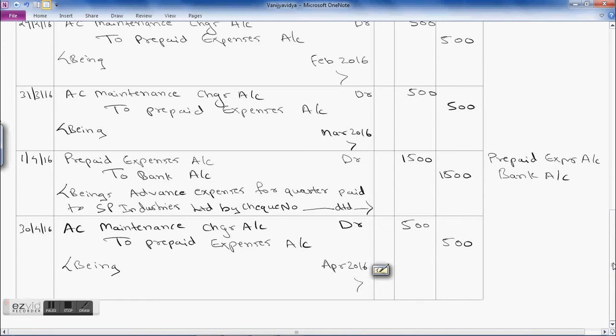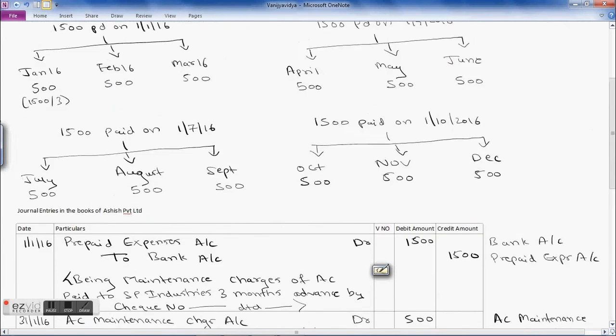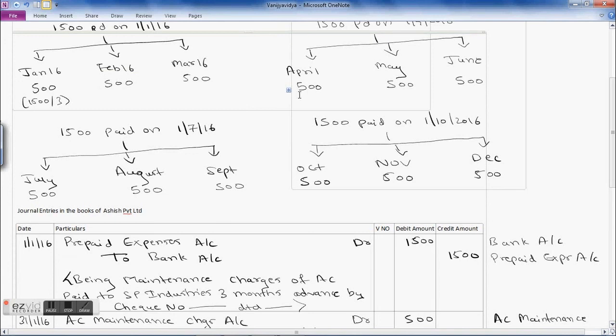Okay, now what you can do is prepare a ledger account and see how logically the prepaid expense account balance will come down every month, and how the AC maintenance charges account balance will keep on accumulating every month. And then you can check whether your calculation is right, like the expense account balance as on 30th April should be how much?